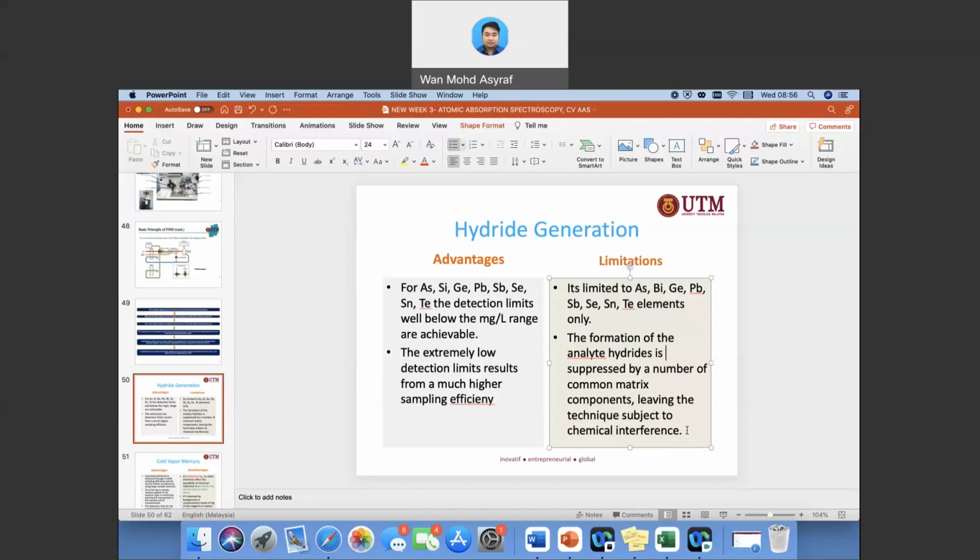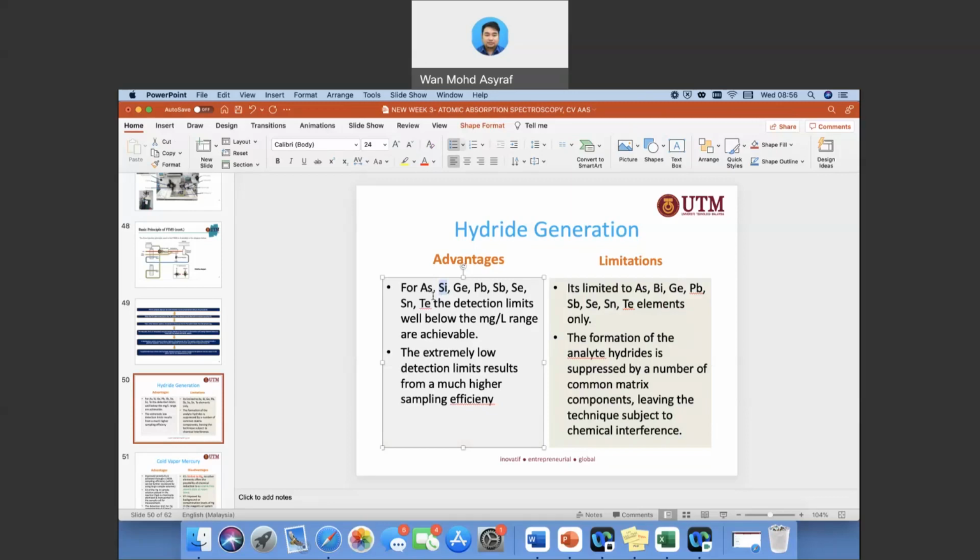All right, so even though you are able to generate a metal hydride which is volatile enough, there may be some components in your matrix also. Maybe for example, you want to analyze As only, but for some reason there is some Si inside it as well.